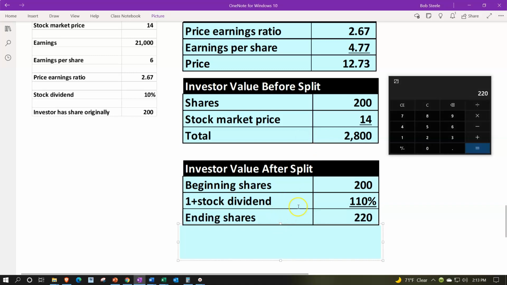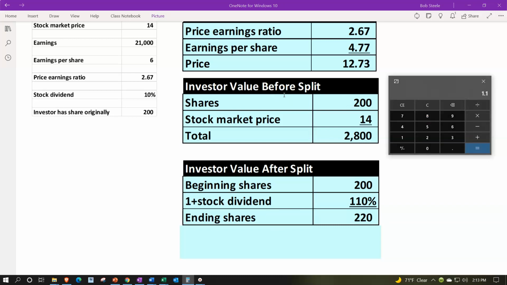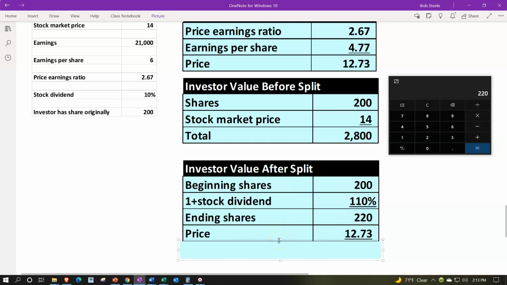Or, of course, we can calculate that more quickly by taking 1 or 100% plus 0.1 or 10%, giving us 1.1 or 110% times the 200, giving us the 220. So there's the 220. Then we're going to pick up the price, which now we're saying is at the 12.73. So if we take that 220 times the 12.73, we're going to get to that 2,800 about. Notice there's rounding involved.